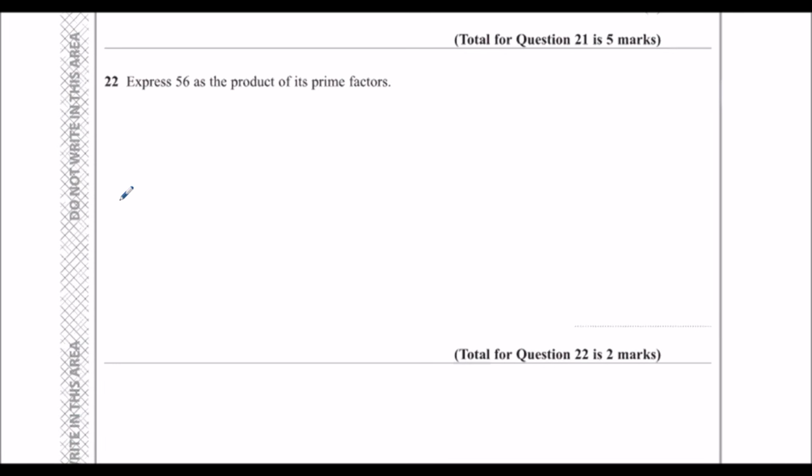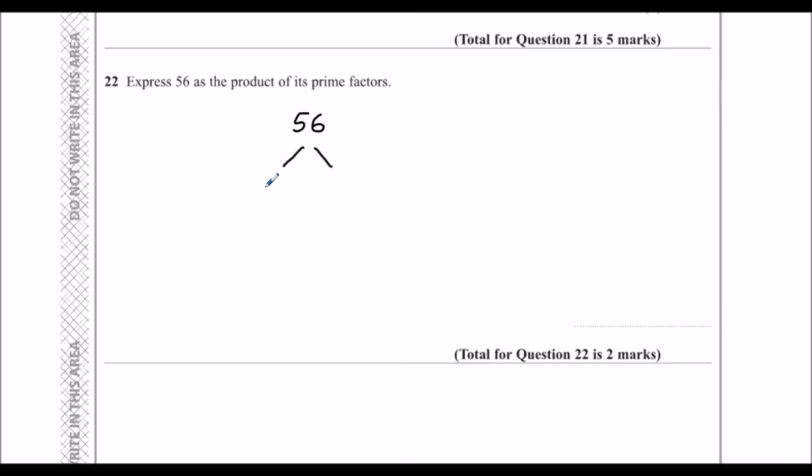Question 22. Express 56 as a product of its prime factors. So we're going to start with 56 and we're going to break it down until we've only got prime numbers left. So it's prime factors.